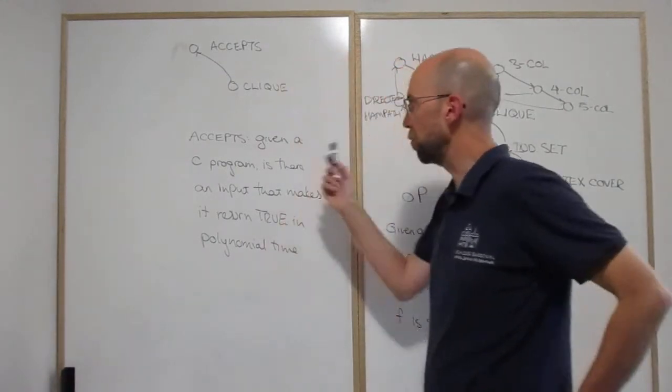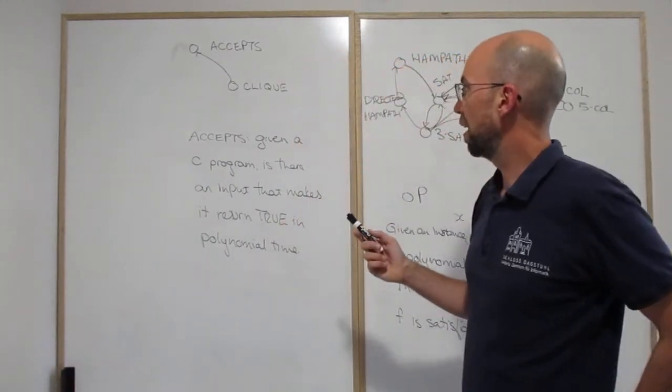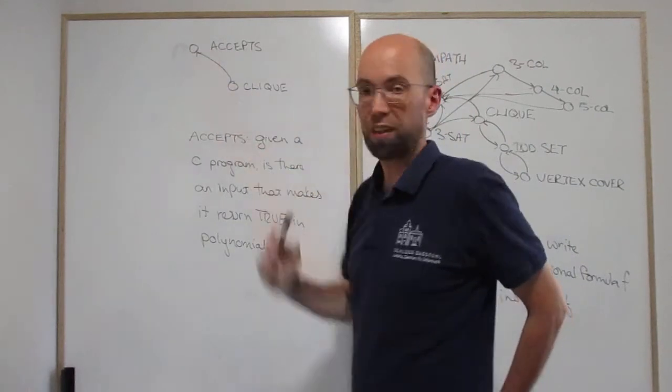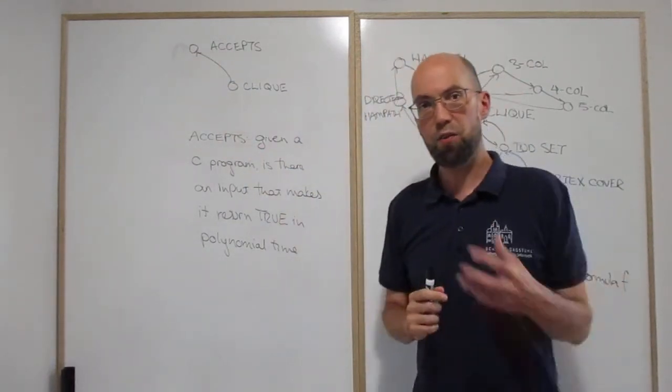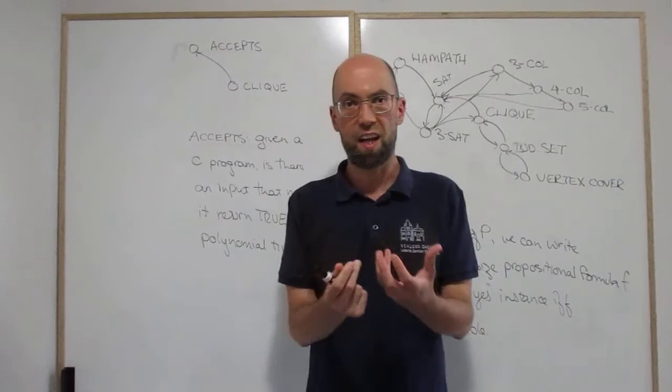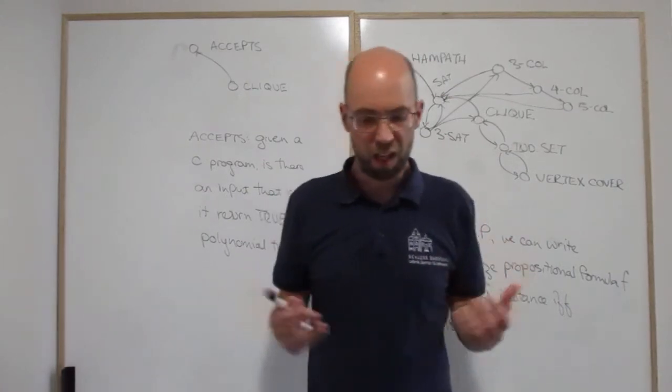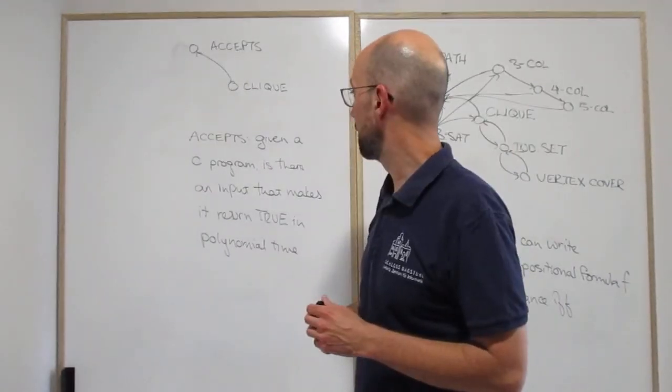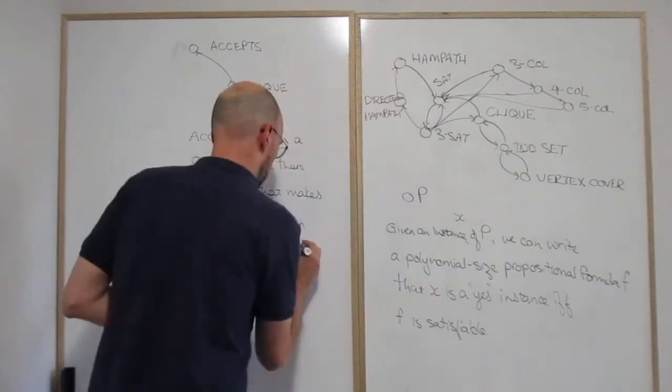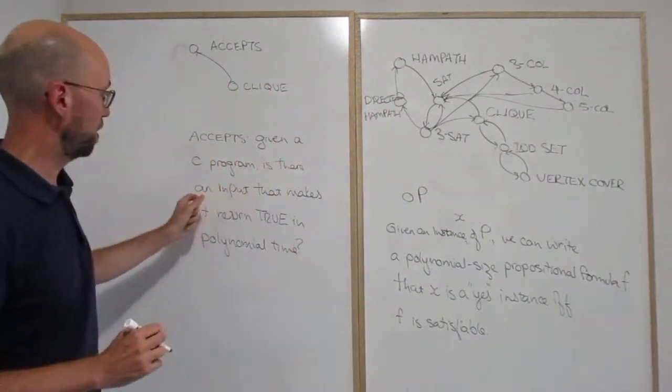So what would you do? Well, to show that clique reduces to accepts, given a graph G and an integer k, you would say, okay, so this is a question, is there an input?